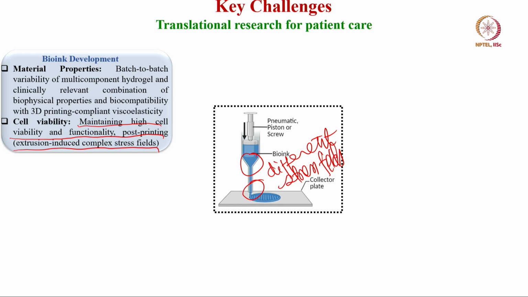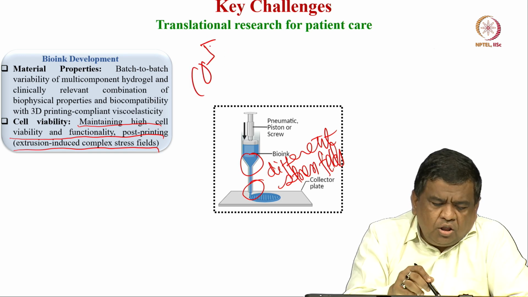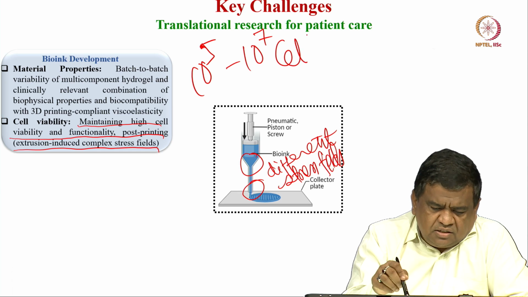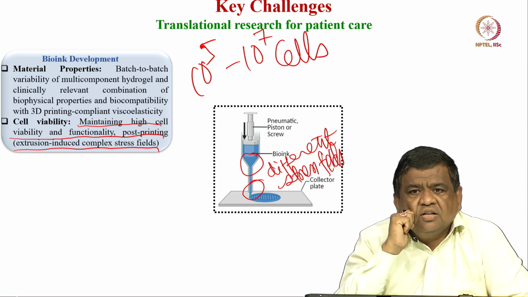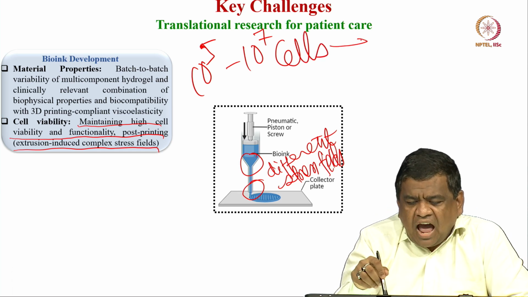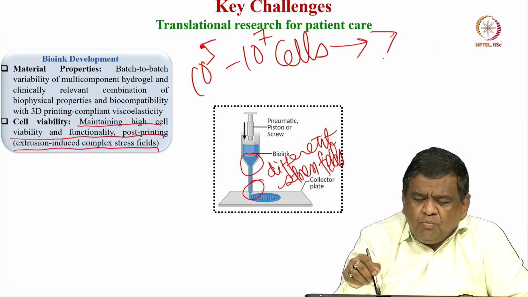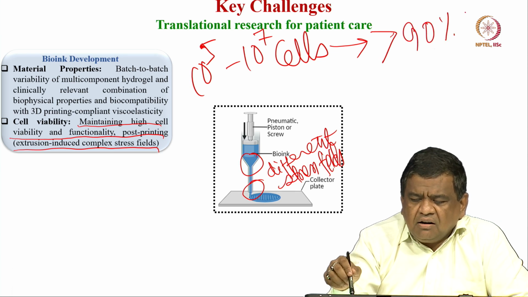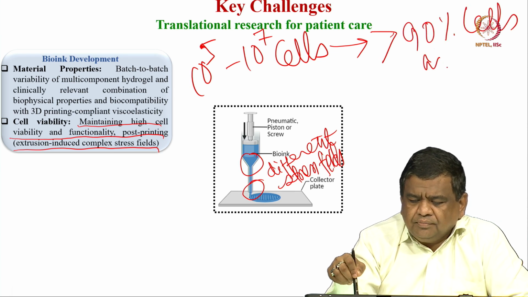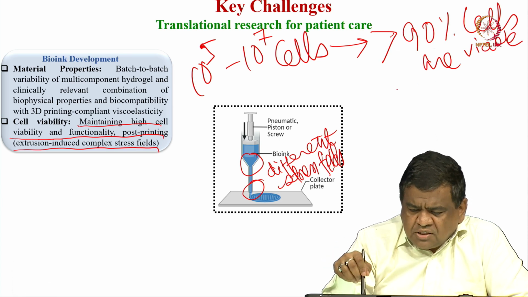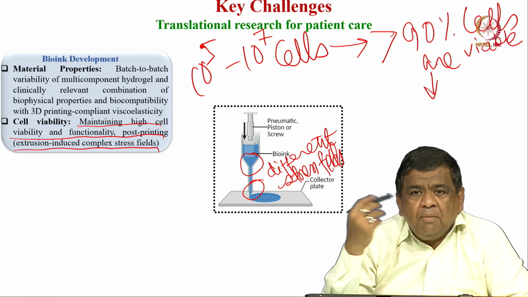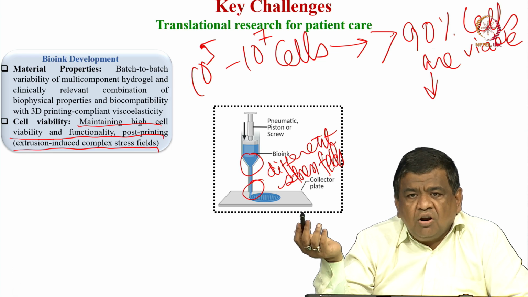Suppose you are able to load 10 to the power 5 to 10 to the power 7 cells in a hydrogel scaffold, what would be the guarantee that more than 90% of cells are viable, and that once viable they can perform their intended physiological functions?